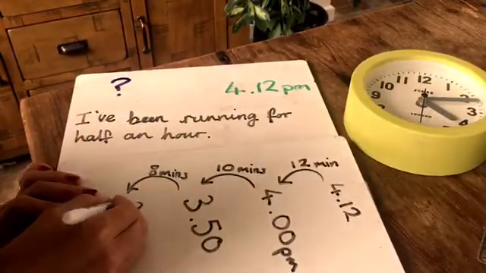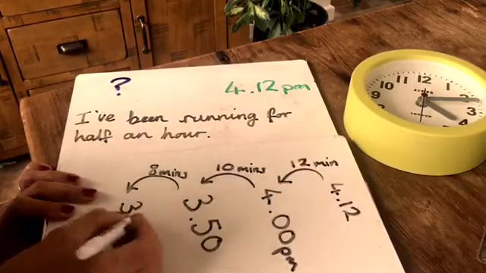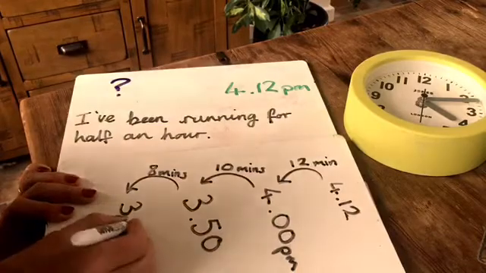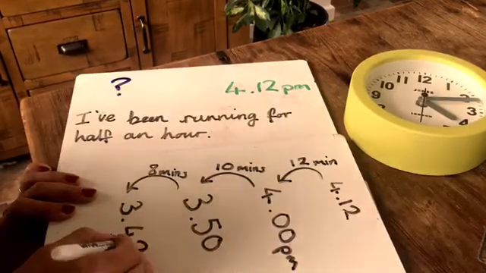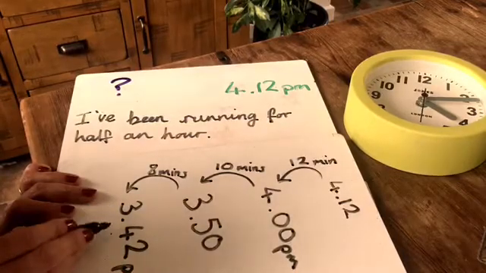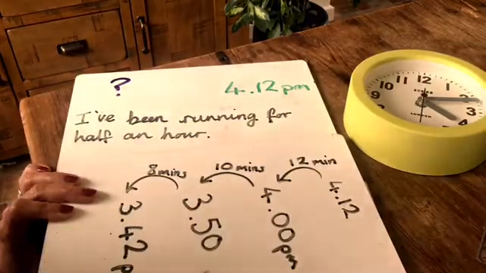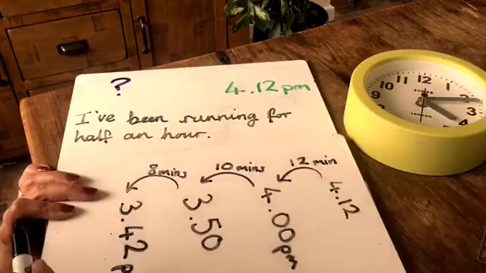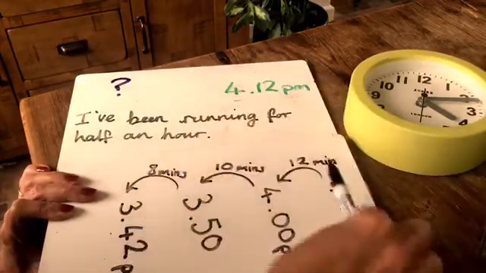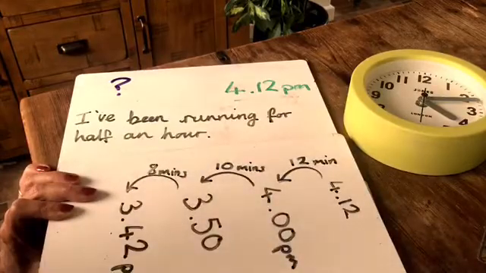I'm still going to be in the hour of 3. I know that 10 take away 8 is 2, so 50 take away 8 is 42. Okay, so I left the house for a run at 3:42 p.m. So I've just done exactly the same as we learnt before. This time I knew the end time, and so I had to work backwards to find the start time.